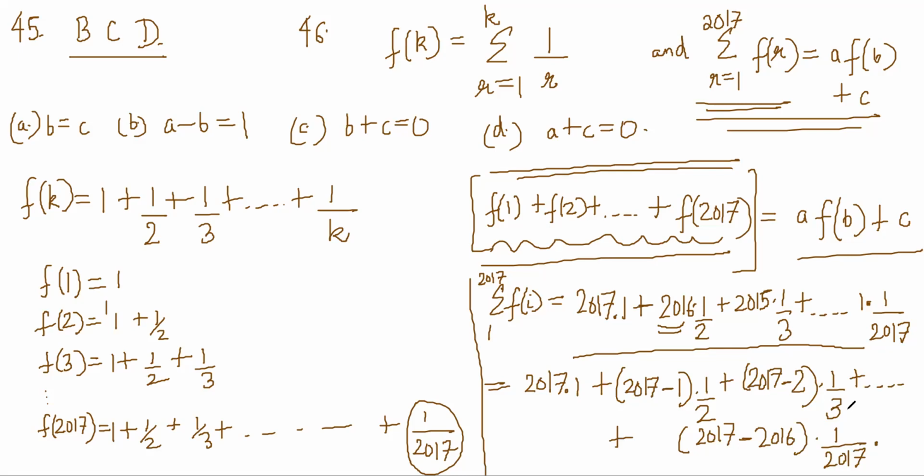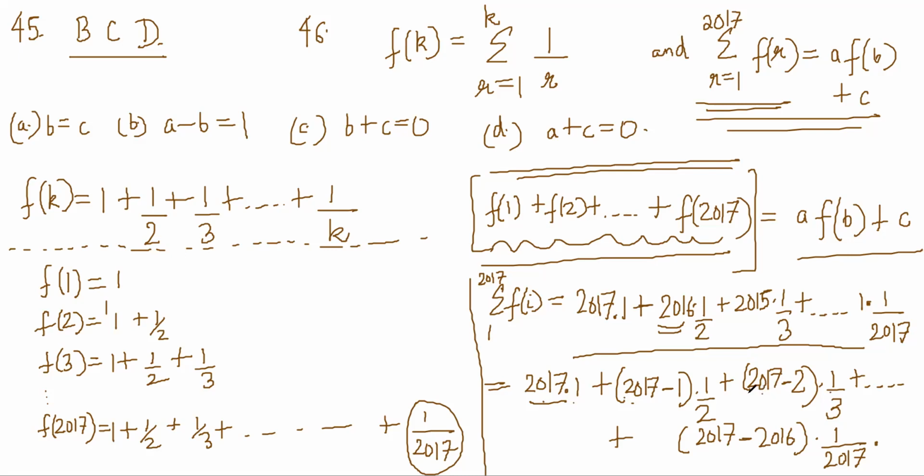So 2017 into 1, 2017 into half, and so on, gives one f(2017), the first terms of each of them.